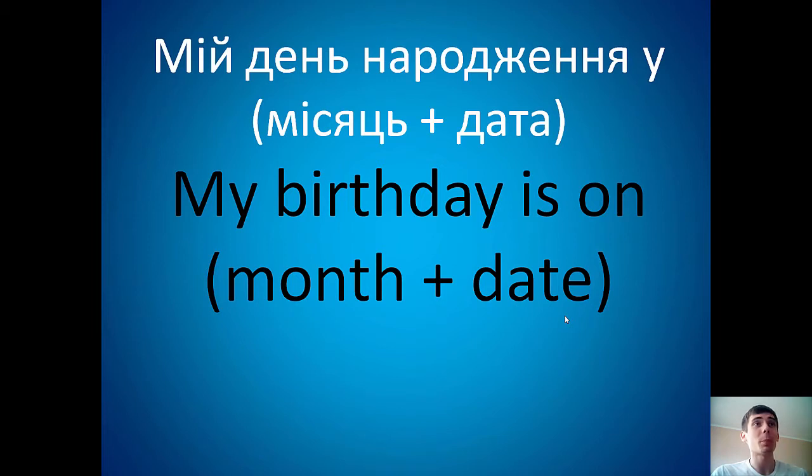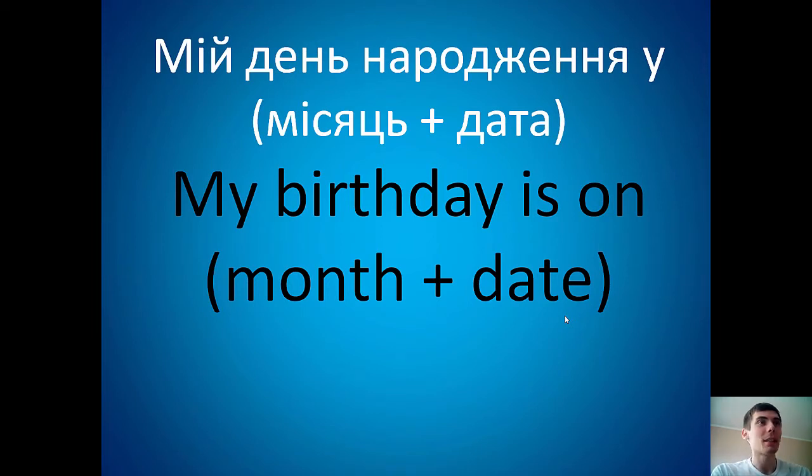And because everybody here speaks Russian, they will get at least the month of your birthday. Maybe you will have some troubles with date, and you can show them the number, so it will be clearer for the native Ukrainian speaker. But at least the month everybody will get.